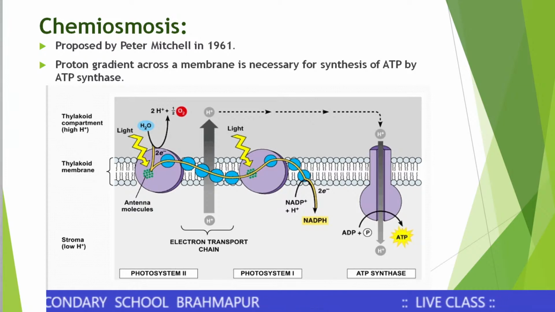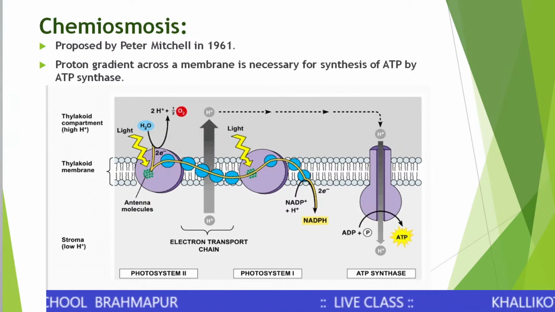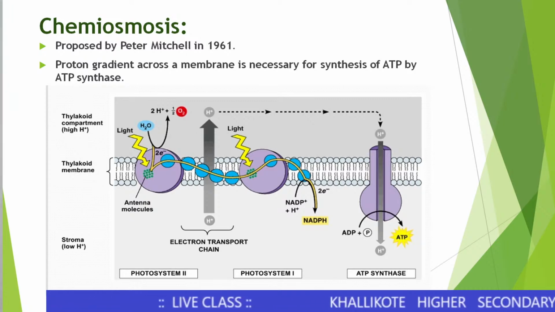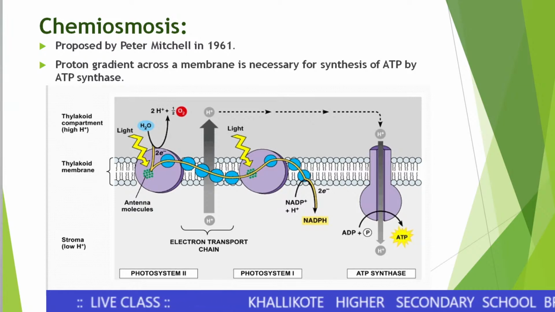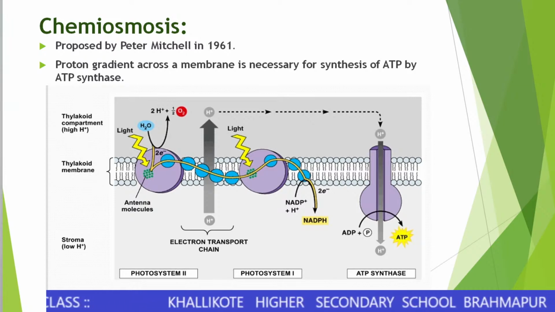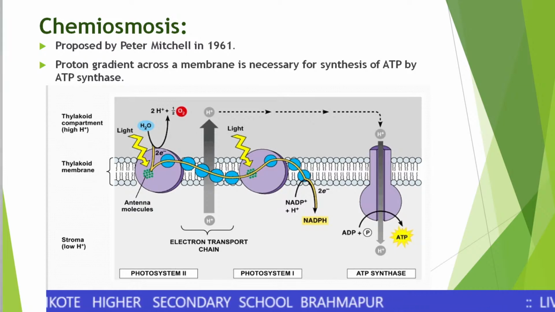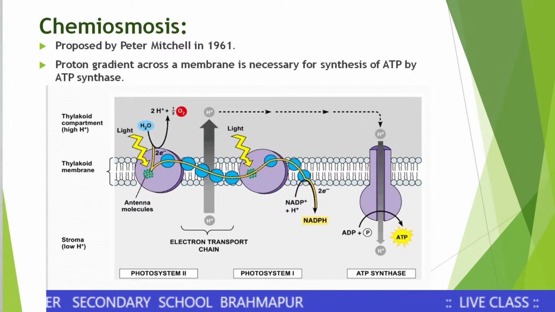The head shows conformational changes which activate ATP synthase, helping to combine inorganic phosphate with the ADP molecule, forming the ATP molecule. So this is the formation of ATP during the light reaction.